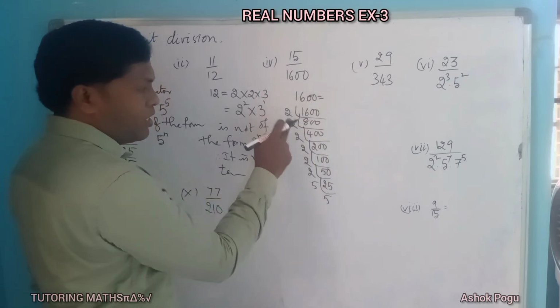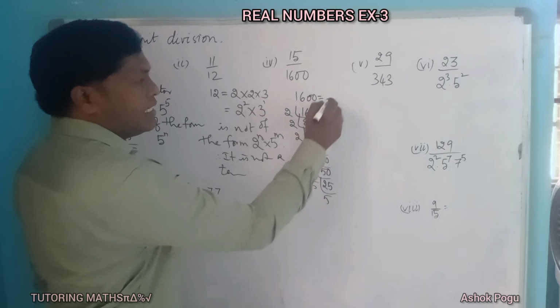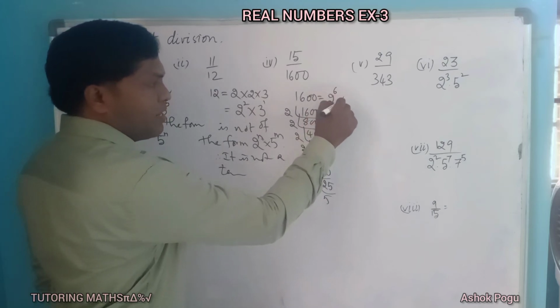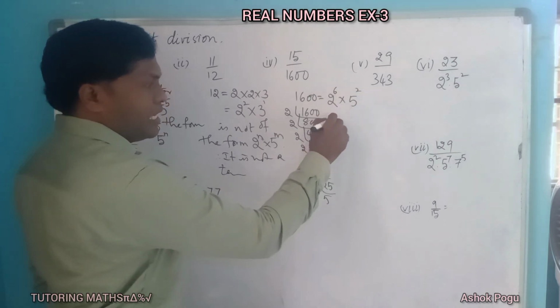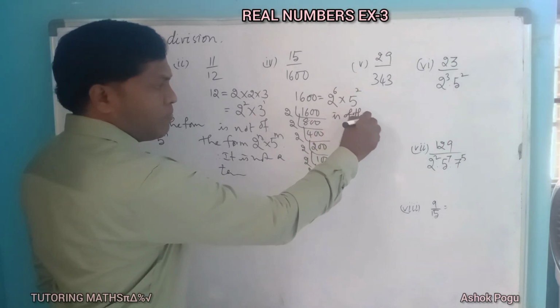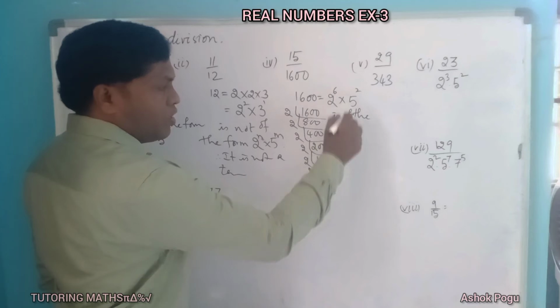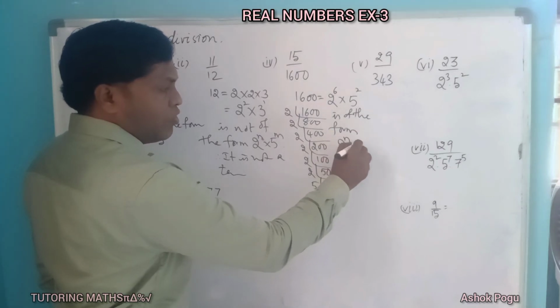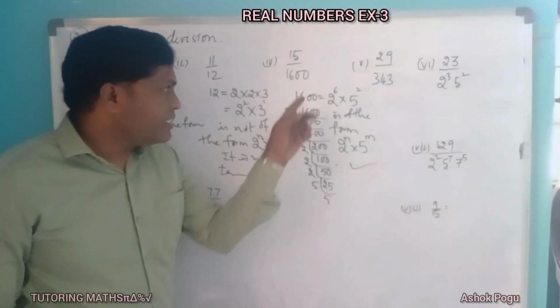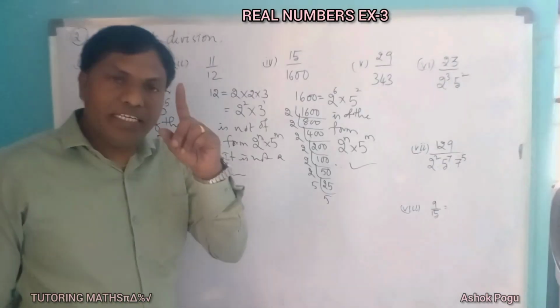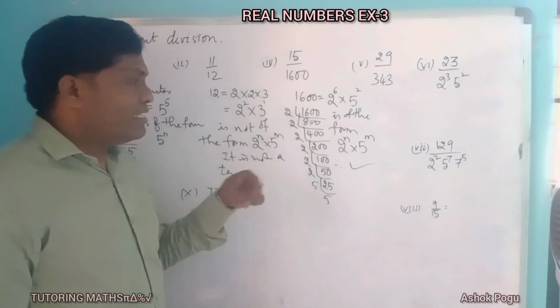So it can be expressed as 6 twos as prime factors and 2 fives as prime factors. It is of the form 2 power n into 5 power m. Therefore, 15 by 1600 is a terminating decimal.